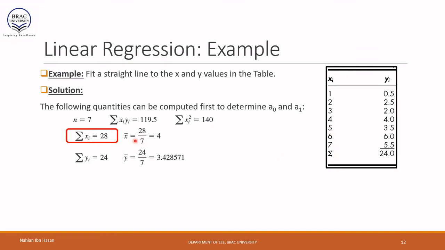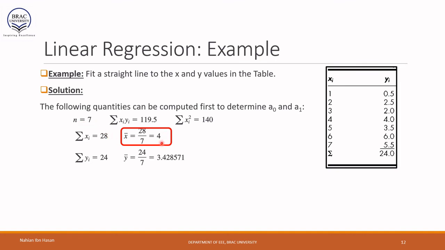And then for A0 purpose, if you remember from the equations of A0 and A1, for A0 we need to determine x bar and y bar. So how can we determine the x bar, which is the mean of the x variables? We need to divide the summation of xi by the number of data points, which is 28 divided by 7.